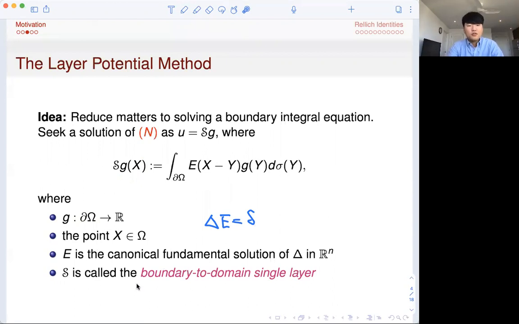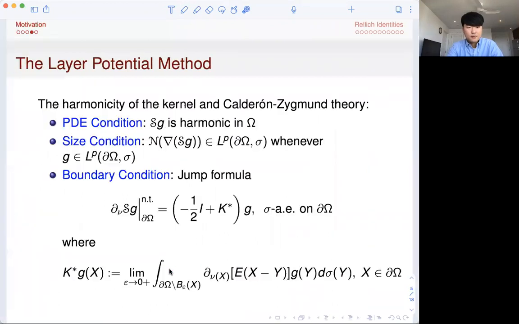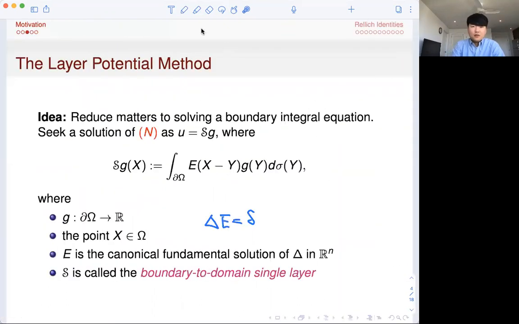Let me introduce some observations about the single layer potential operator. The single layer satisfies the PDE condition, which means the single layer of g is harmonic in the domain Omega. This is because if you look at the definition and take the Laplacian with respect to X, then by the dominated convergence theorem, we can move the Laplacian inside the integration.